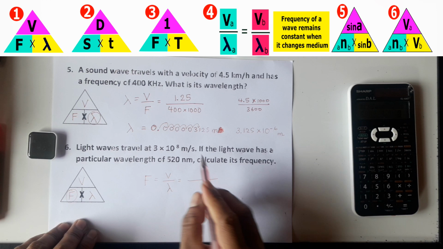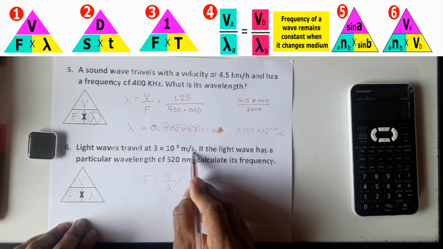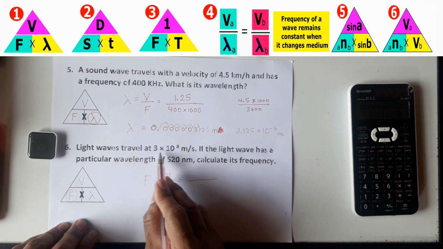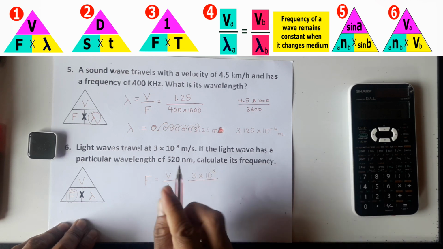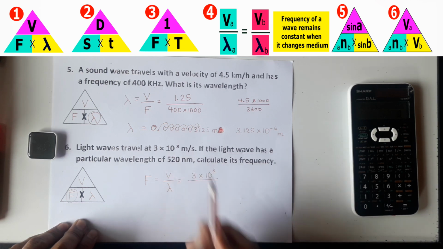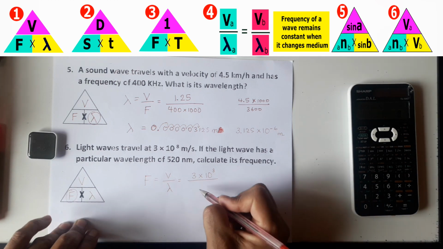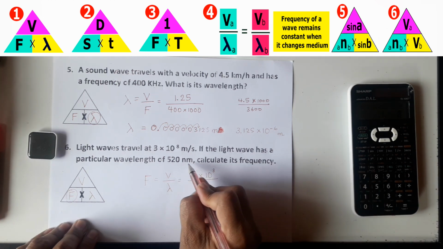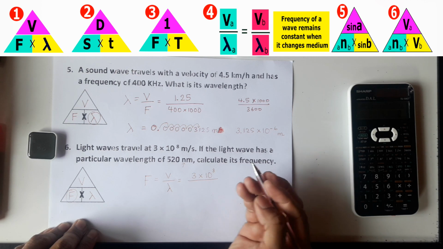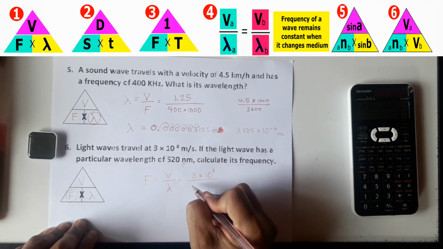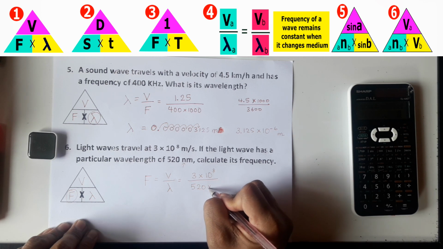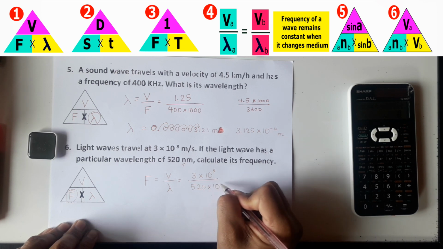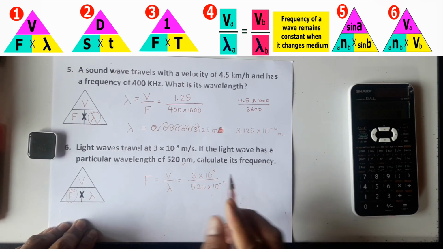The velocity has been given in meters per second. They just put it in standard form. So 3 multiplied by 10 to the power 8. But the main thing is, this is in meters per second. Now, the wavelength is given in nanometers. Now, 520 nanometers just means you have to multiply it by 10 to the power minus 9.